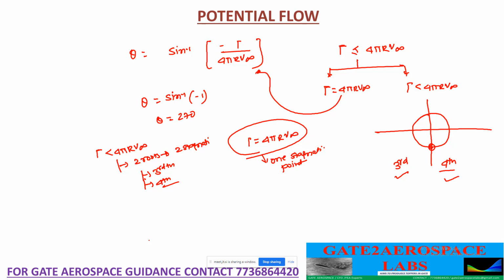So with this, I will complete the revision session with one question. Please try to solve it. If you have understood this revision, you should be able to solve this. The question is: for a flow over a cylinder, the coefficient of lift CL is given as 5.